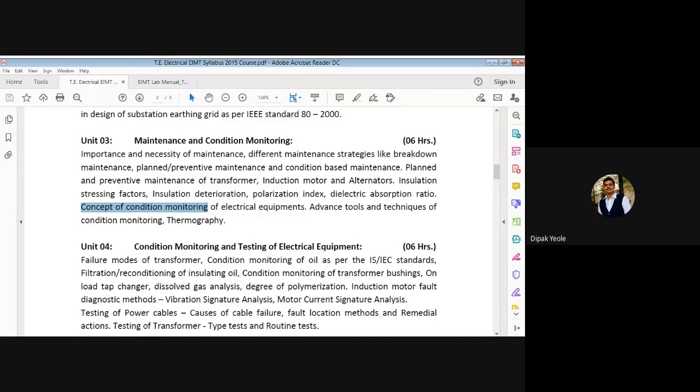The other 3 methods are: the first is vibrational analysis, the second is ultrasound analysis, the third is oil analysis, and the fourth method which we are interested to study today is the thermography analysis. So that experiment we are interested in for this unit.